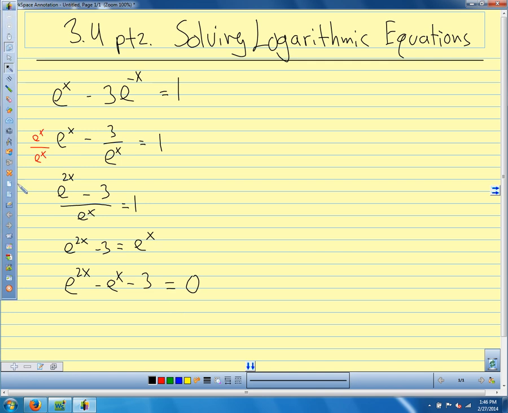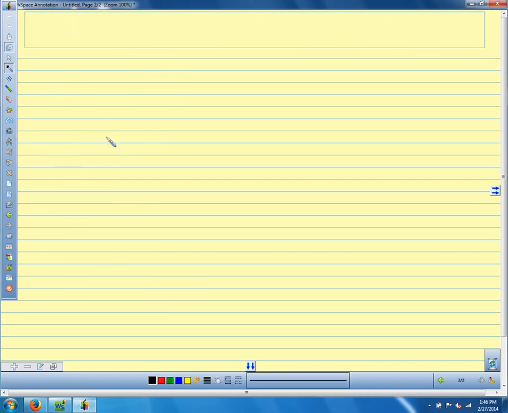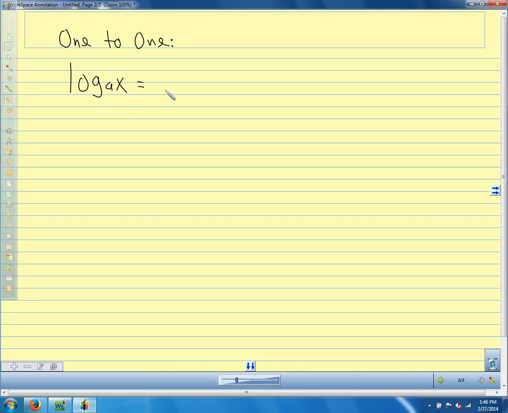All right, so let's remember our properties of logarithmic functions. The ones that we're going to use today mostly are our one-to-one properties. So we said the logarithmic function was one-to-one. That means if log base a of x equals log base a of y, then x equals y.